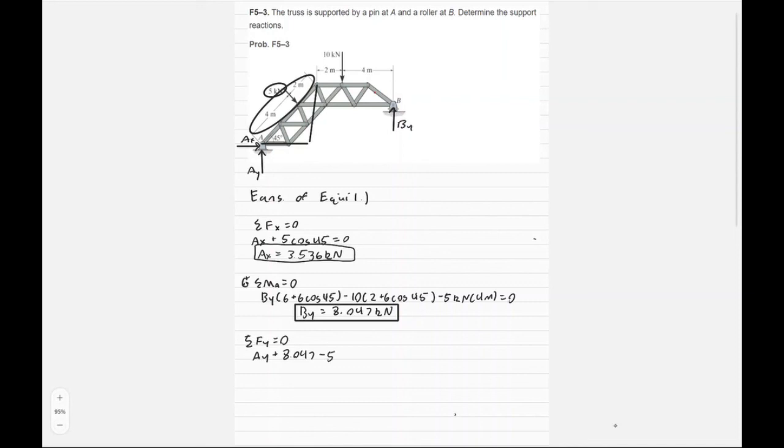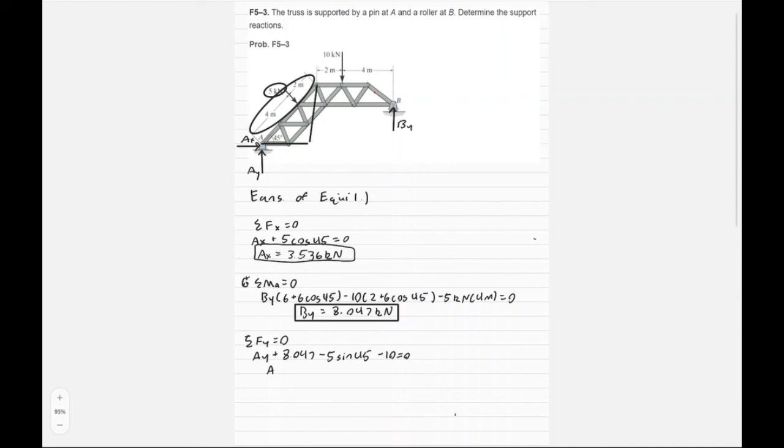This time, if we look at the right triangle for that 5 kilonewton force, the 45-degree angle is adjacent in the y direction to the y-axis, so it's going to be a minus 5 sine of 45, and then minus that 10 kilonewton force that we see on the top. Set that all equal to 0.